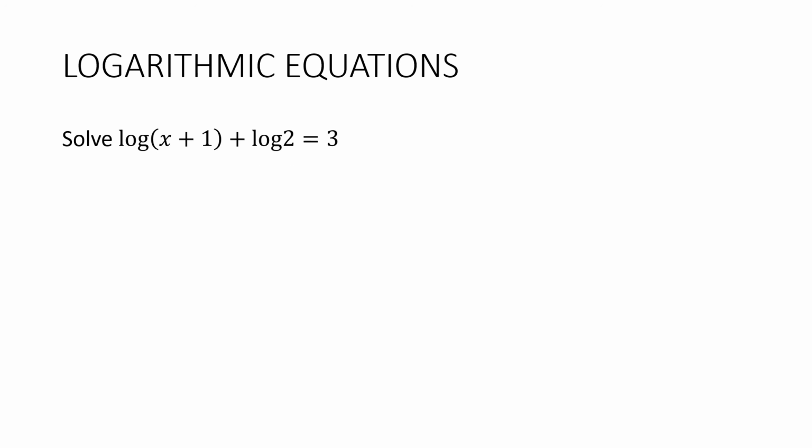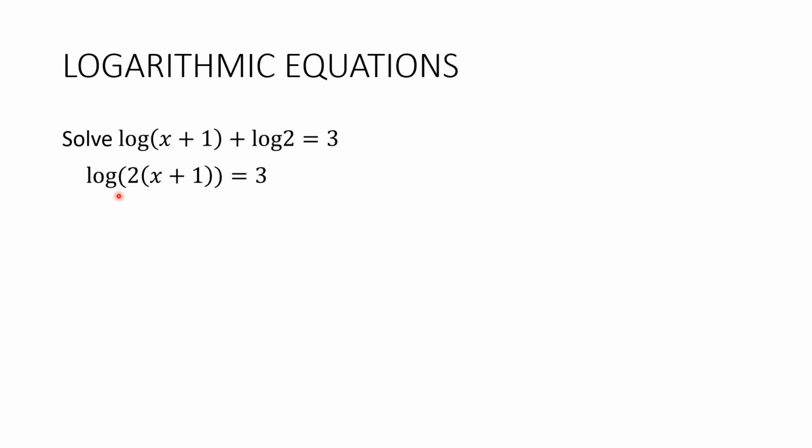Okay, last one. It's really similar to the last one, except that we don't have log on this side. But we're going to do the same thing. We're going to join these together. So because the base is the same, I'm going to get log of 2 outside of brackets x plus 1. Now, I can't just get rid of the log here because there's no corresponding log on this side, but I can turn this into index form.